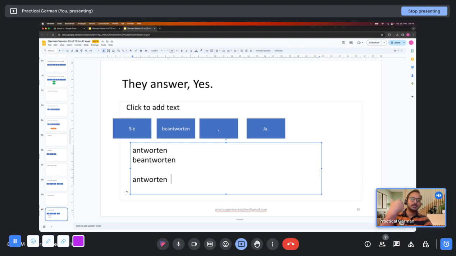Here the other person is a living being, so you have to use antworten. But if I answer a question, a telephone, or an email, or I reply to an email, this is not a living being on the other side, so then it has to be beantworten.